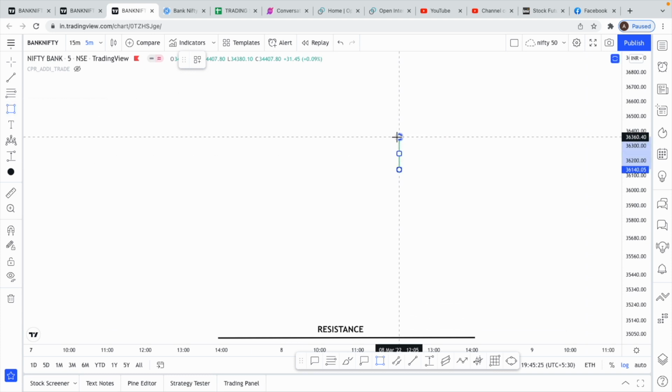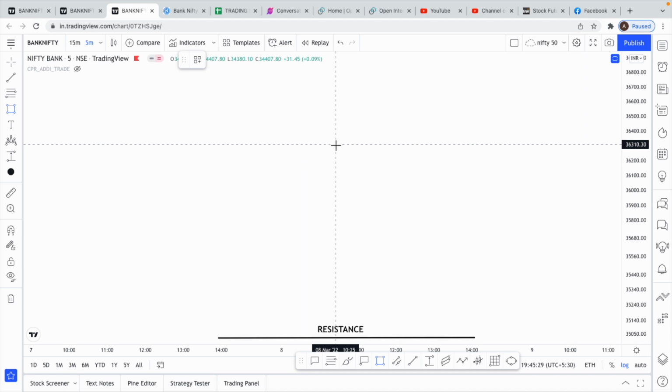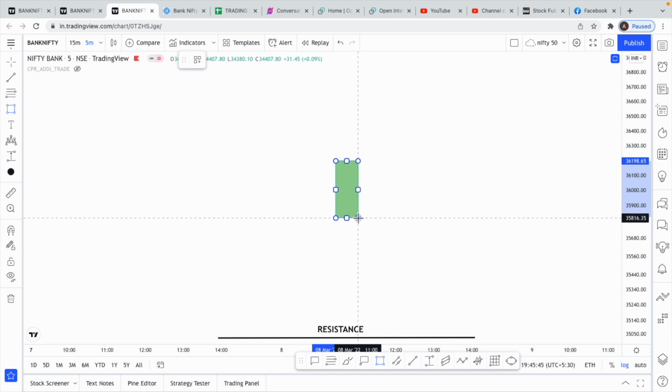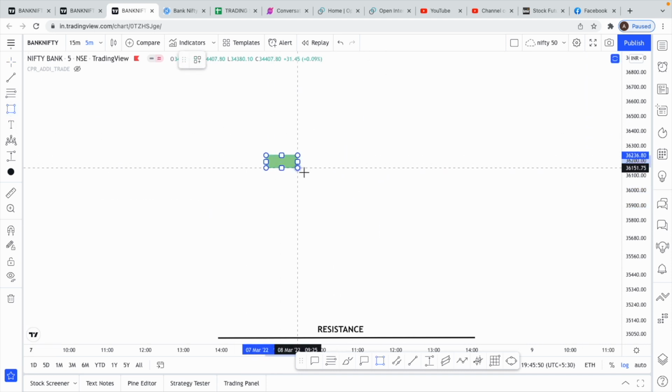Just assume Banknifty is at 36,200. The candle opens here, either 15-minute or 1 hour, whatever it is. Let me keep it as a big candle so that it will be clear.